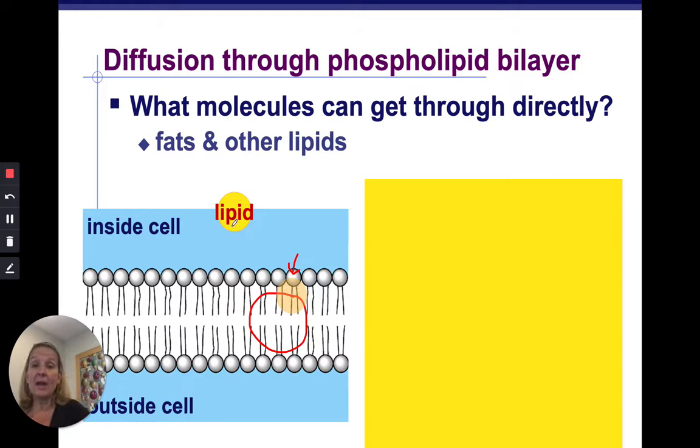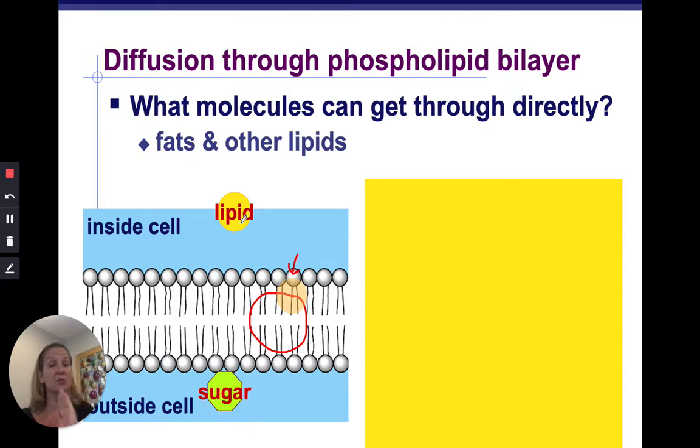They are able to get from the outside of the cell through the hydrophobic interior and to the inside of the cell. This is actually interesting in medicine when they're trying to make medicine that can cross barriers, like the blood-brain barrier, and you want medicines to be able to get inside of cells. They will pharmacologically make them hydrophobic so that they can cross the cell membrane.